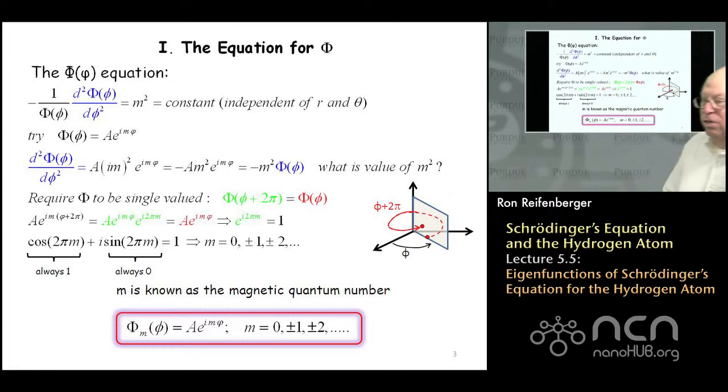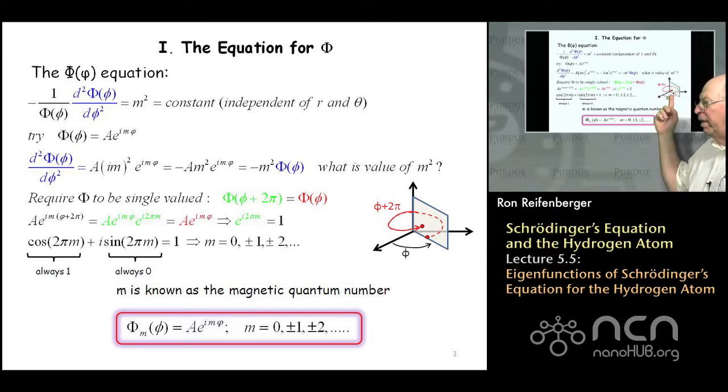And the way we do that is by realizing that if we rotate this wave function e to the im phi through a complete 2 pi radian revolution, we'll end up back at the same value that the wave function should have had before the rotation.